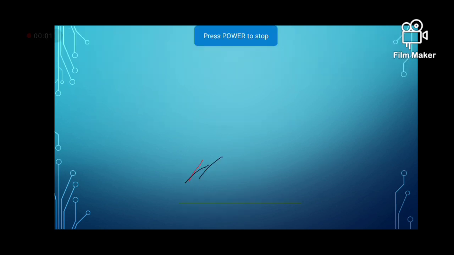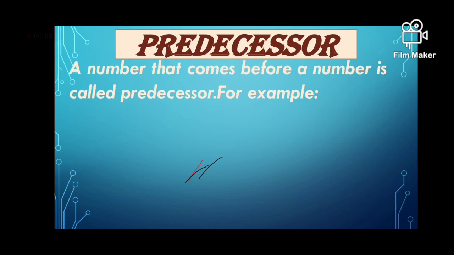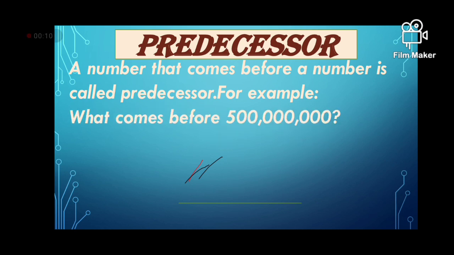Now the predecessor means a number that comes before a number is called predecessor. For example, what comes before 500 million? For finding the predecessor of any number, we will subtract 1 from 1's place.